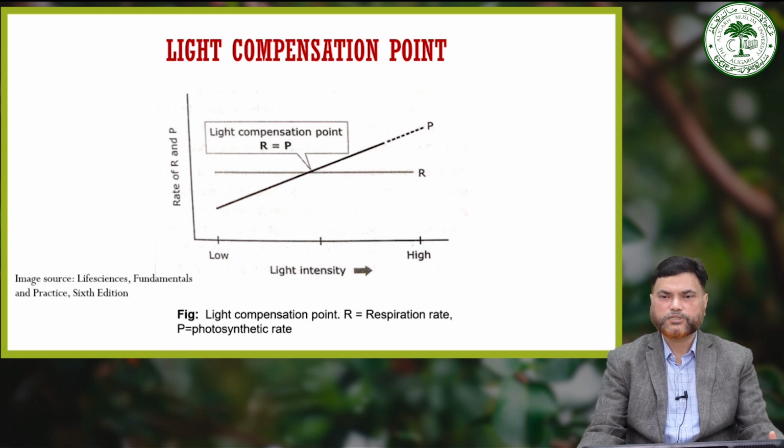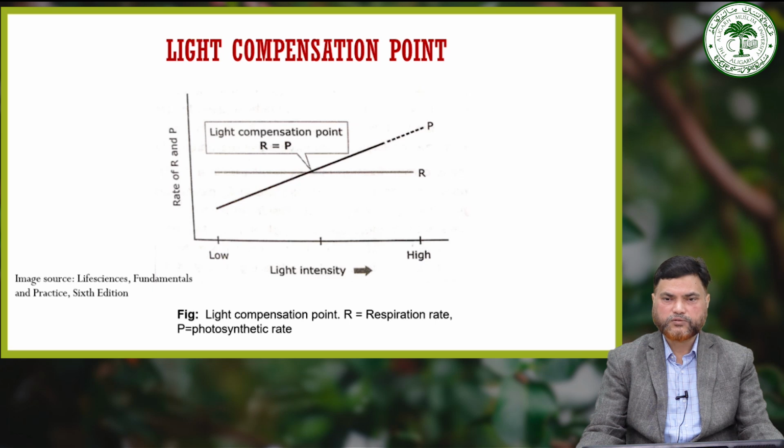Generally, the low compensation point is indicative of photosynthetic efficiency, as the plant is then using maximum amount of available carbon dioxide. Shade plants typically have lower light compensation point than plants grown in sunlight due to their lower respiration rates. So this is the reason.